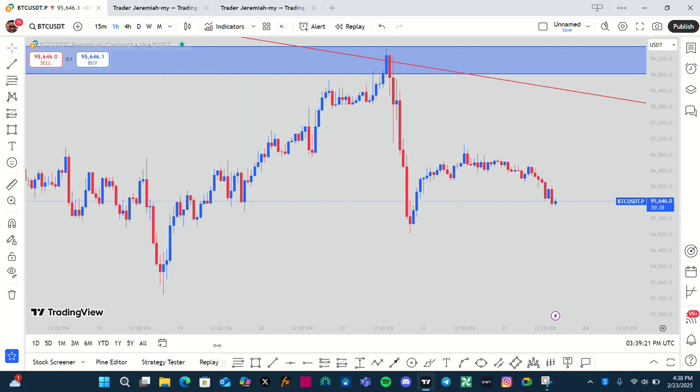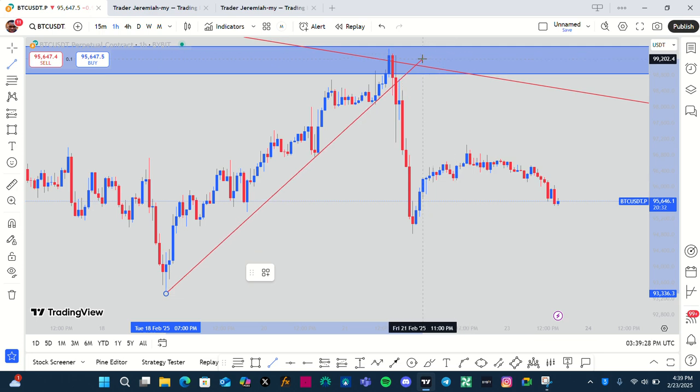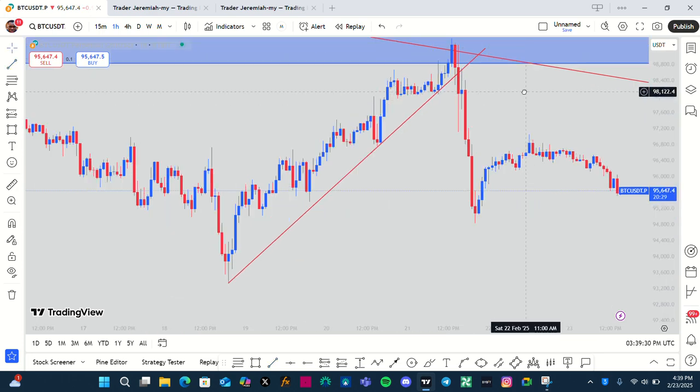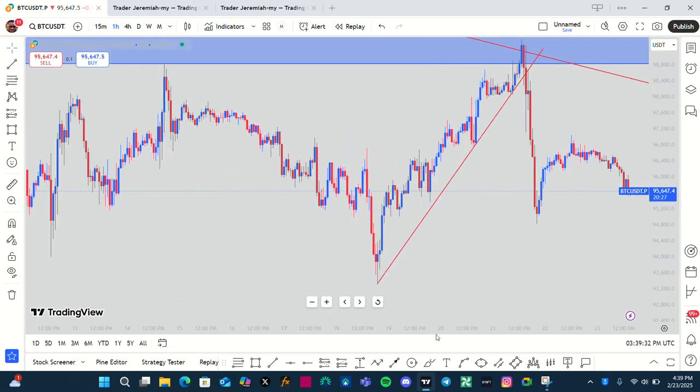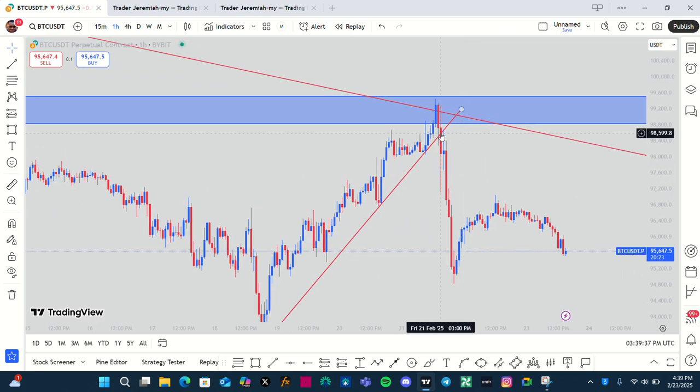On price, there was a counter trend line around there, a little trend line that the price was respecting when price was retracing back to the upside. So I then wait for price to break this counter trend line. So this was a counter trend line.